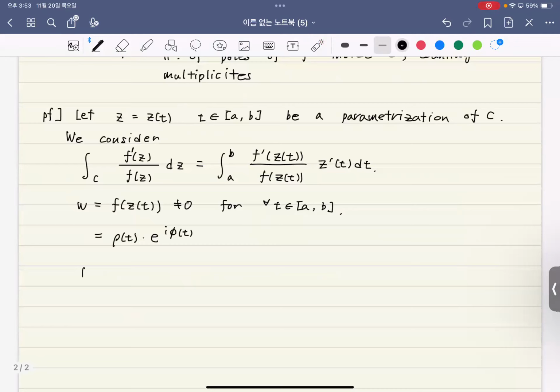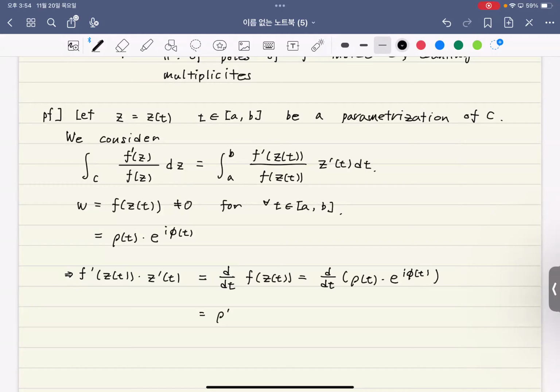Now f prime of z(t) times z prime of t, which is the numerator of this integrand, and this is, no dt, is actually the derivative of f of z(t). But f of z(t) can be written as rho of t times e to the i phi of t, so this is a product of two functions.